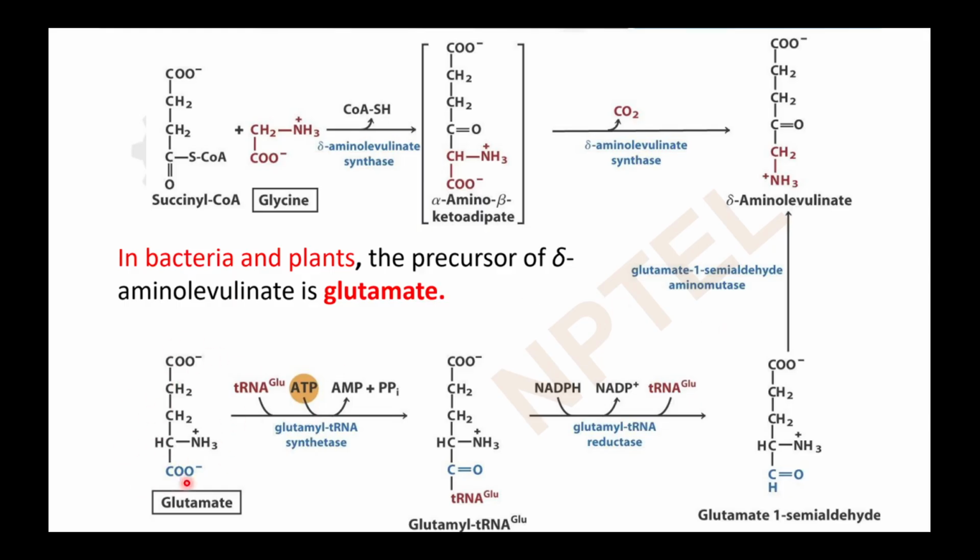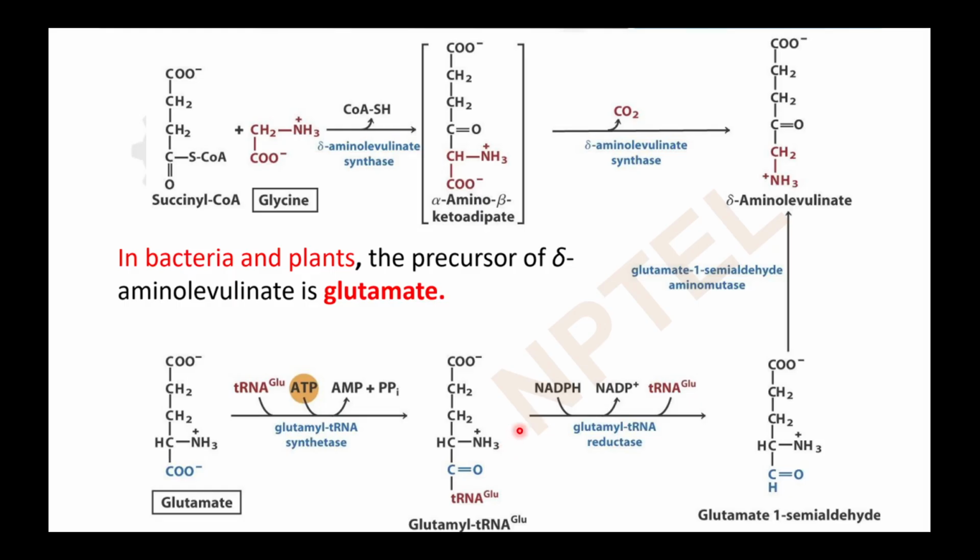Okay. So in bacteria and plants, from glutamate, this delta ALA is synthesized first by glutamyl tRNA synthetase, where glutamate is attached to the tRNA, and in that process, one ATP is hydrolyzed into AMP and a pyrophosphate is released.